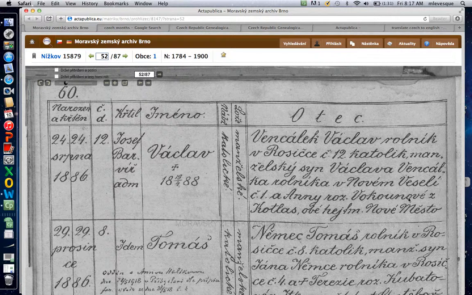And I would have to guess, but I think that the family name is Vokoun. OVÁ is the feminine ending. And now we've got the Z, so it's a little bit different than the v. So she's not living, maybe not living in Kotlas right now, but she's from there.